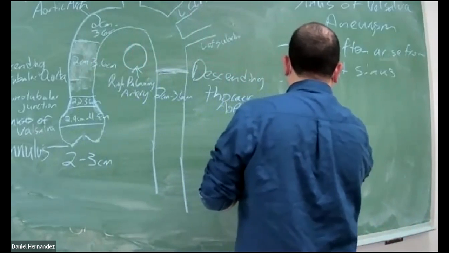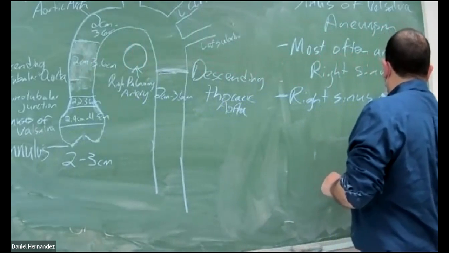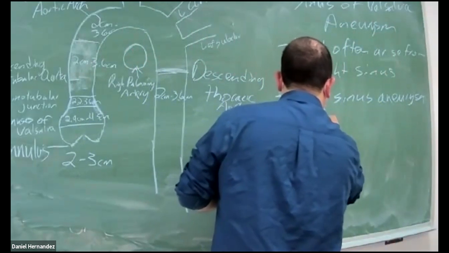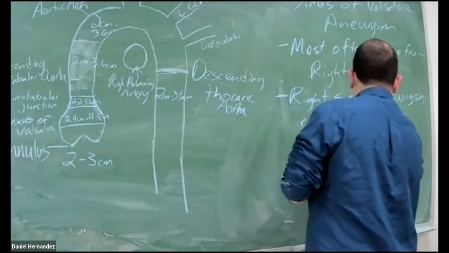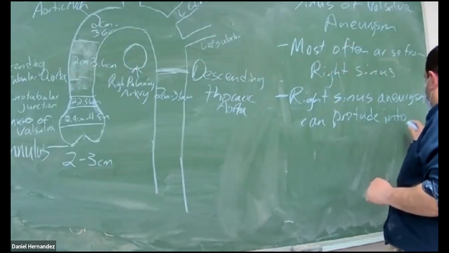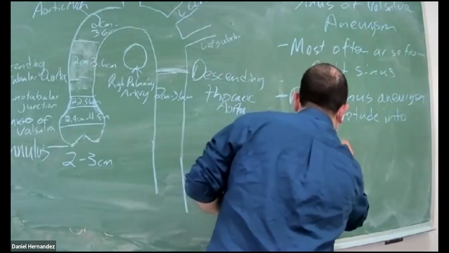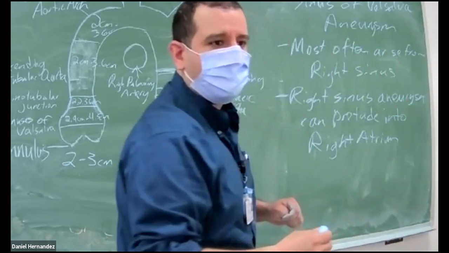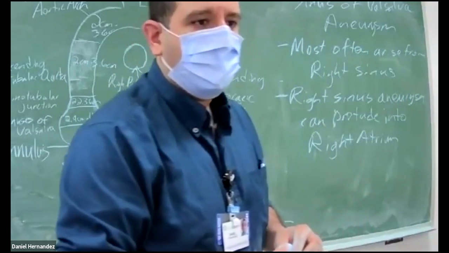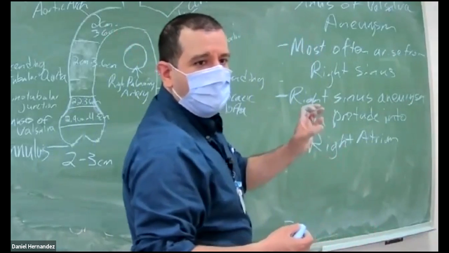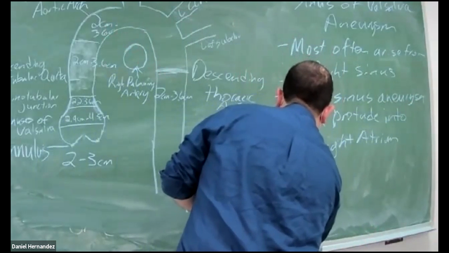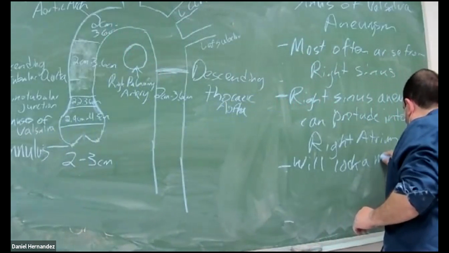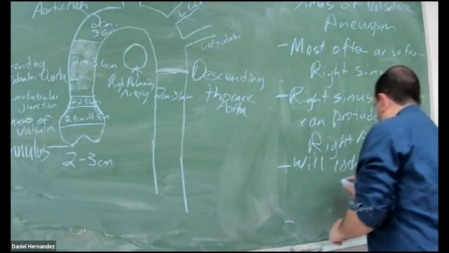A right sinus aneurysm can protrude into the RA, right atrium, and it'll look like a mobile circular structure.